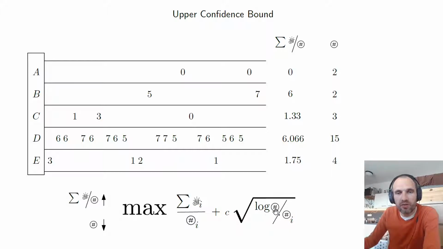So this is a little bit of a weird formula, and I think it is related to how to compute the variance and how much variance you would expect depending on the number of tries that you had. So that would be the upper confidence bound. Pick the option for which this formula is maximized. And here that would be option B.